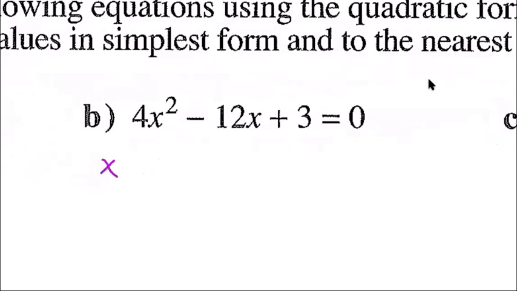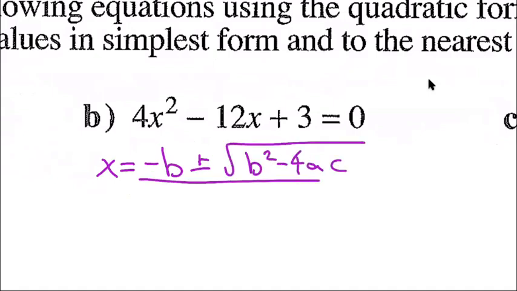Okay, I'm going to go x is equal to minus b. I'm going to write my formula: plus or minus the square root of b squared minus 4ac all over 2a.